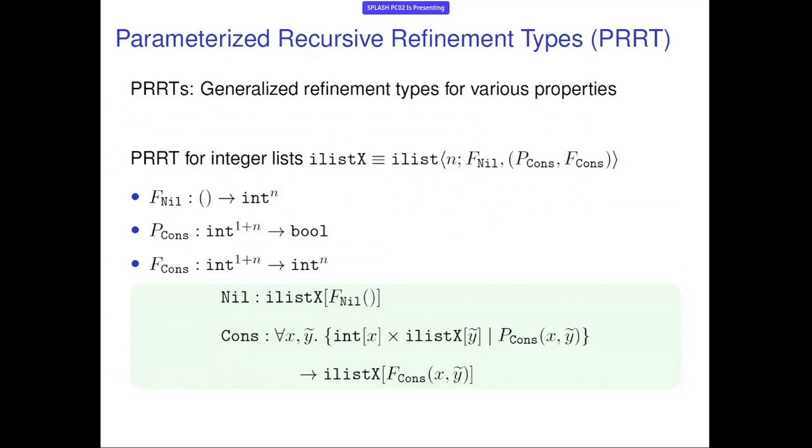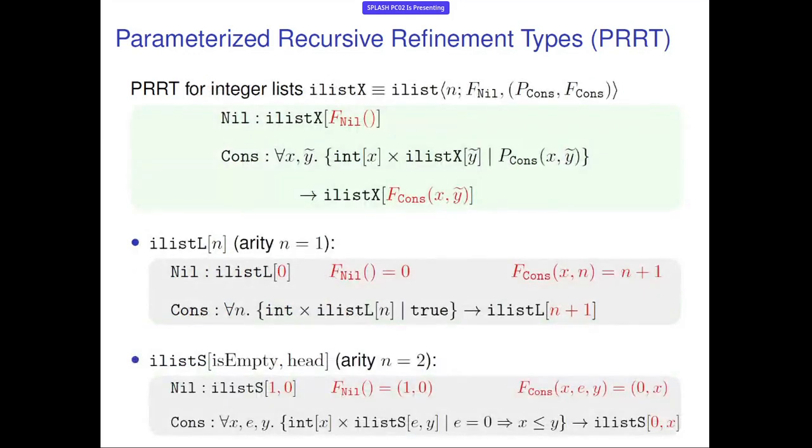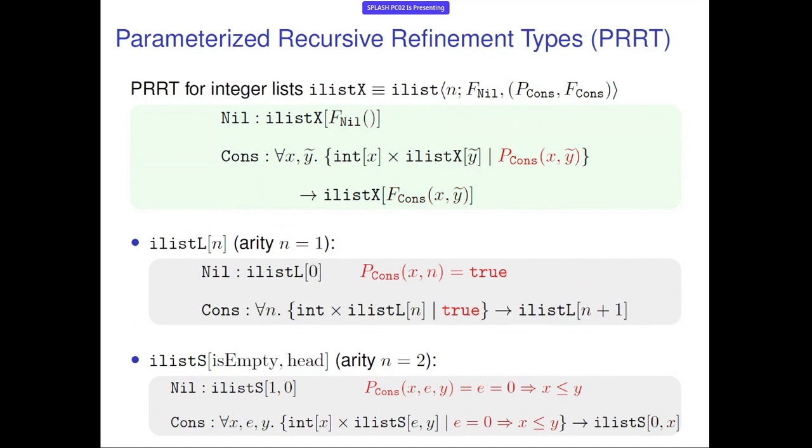So if you see the green part, this is a type of constructors, and this is similar to what I have explained before. Compared to these two instances, as you can see, fnil and fconst are instantiated with the function returning 1 or 2 integers, and pconst is also instantiated.